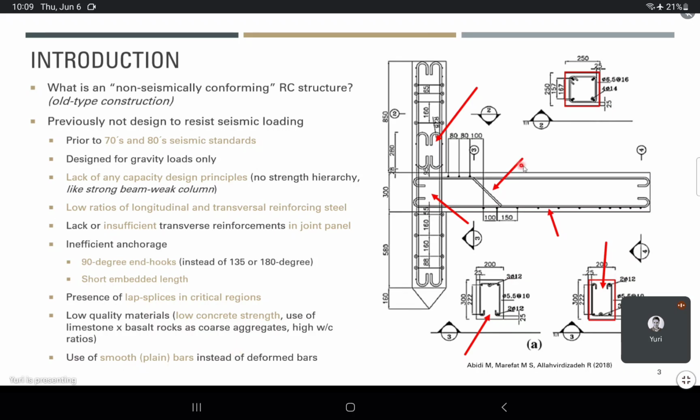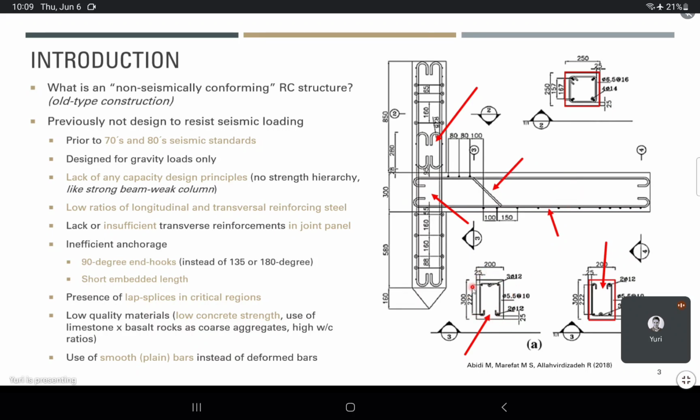Here are some examples of wrong details that we actually see when we're talking about seismic performance. Lap splices, lack of shear reinforcement in the panel zones, longitudinal rebars that change directions, not enough stirrups. We'll have stirrups that might be open.